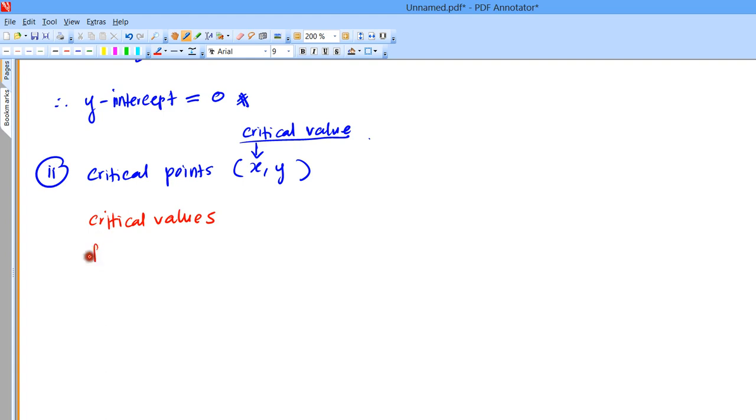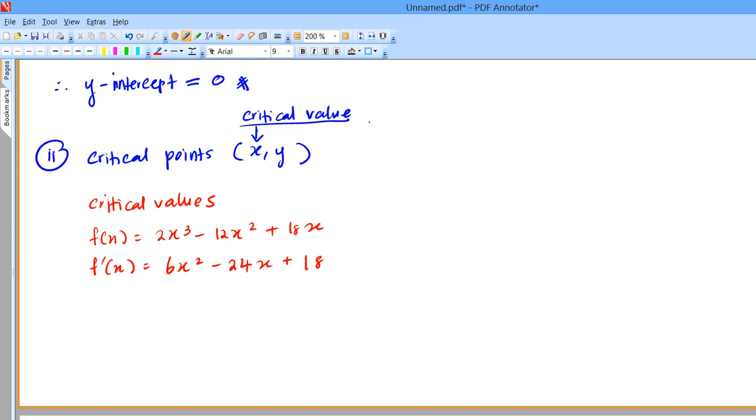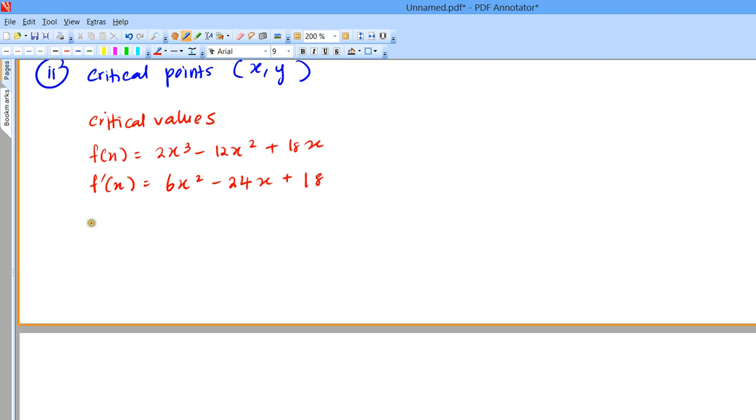We have f(x) equal to 2x cubed minus 12x squared plus 16x, and then differentiate, we get f prime x equal to 6x squared minus 24x plus 18, and then set equal to 0. So 6x squared minus 24x plus 18 equal to 0.